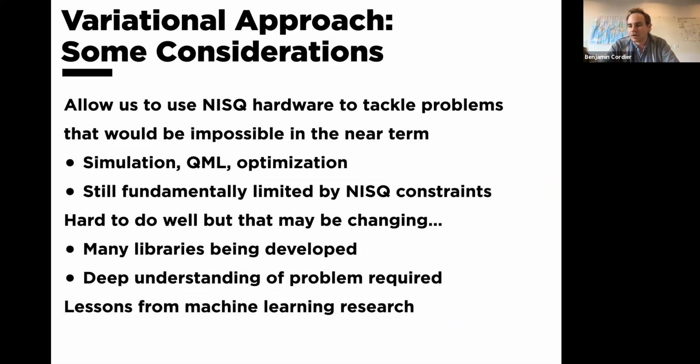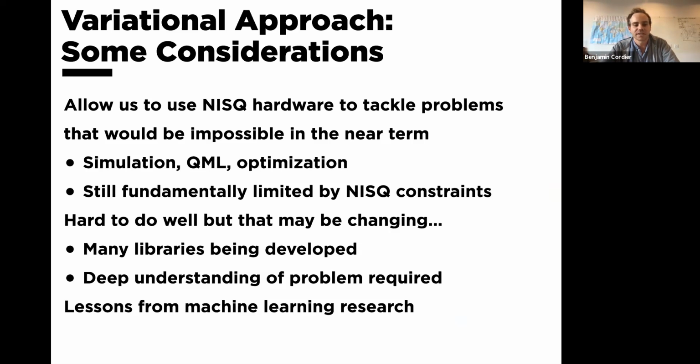That said, I wanted to describe some additional considerations around variational approaches. As I mentioned, they allow us to use NISQ hardware to tackle problems that would be impossible in the near term. We're already seeing this with quantum simulation.